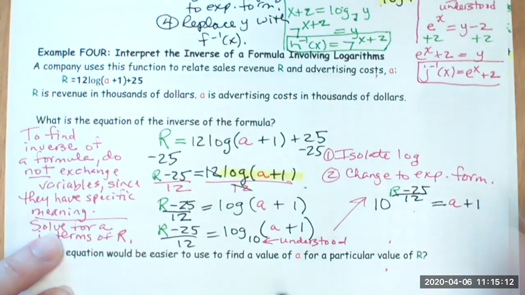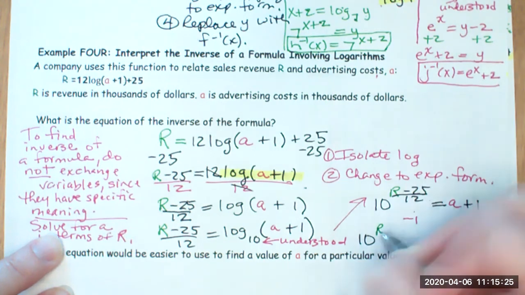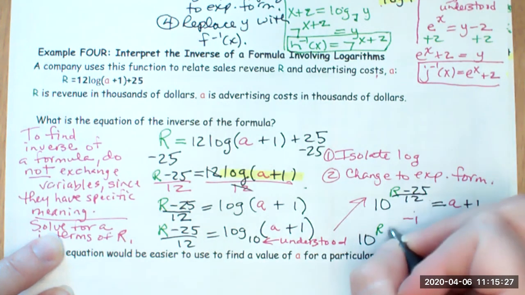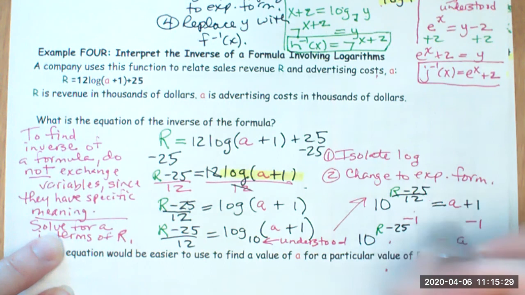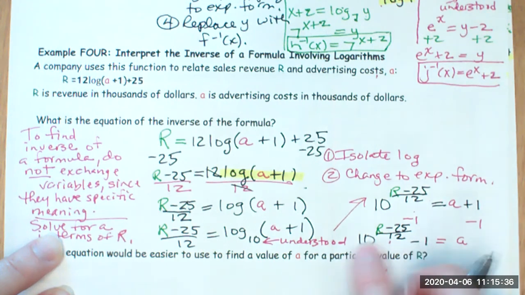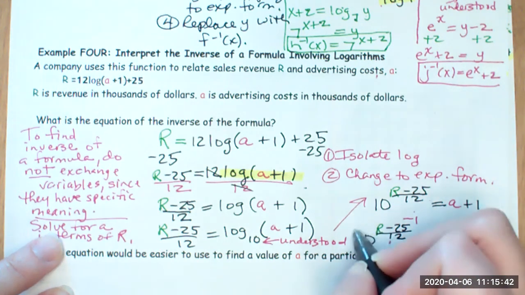So I'm going to subtract 1 from both sides of the equation, and I'll have A by itself, okay? So A is going to equal 10 to the R minus 25 over 12, minus 1, and make sure you put that minus 1 at the same height as the 10. That is not part of the exponent, okay? So that is the equation of the inverse formula.